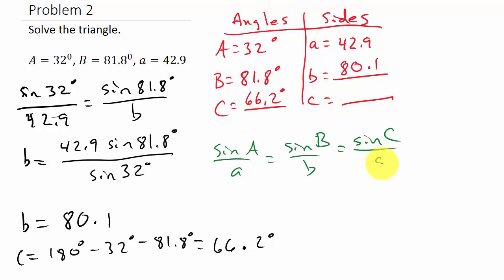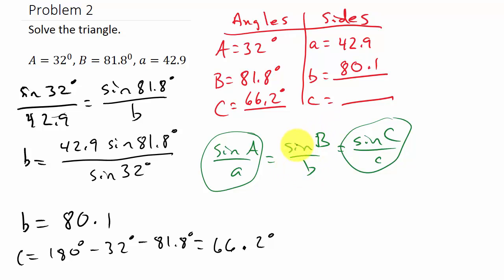To solve for side C, of course I'm going to use the 66.2. But look, I can plug in 81.8 and 80.1 and use these two, or I can plug in the 32 and the 42.9 and use this one and this one. What I'm going to do is use this one and this one. I'm not going to use this one.